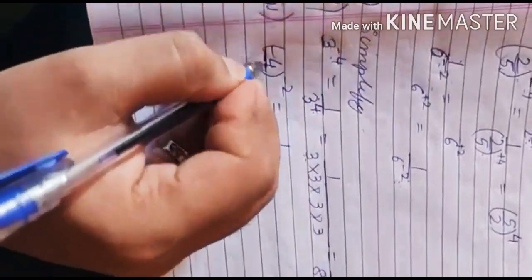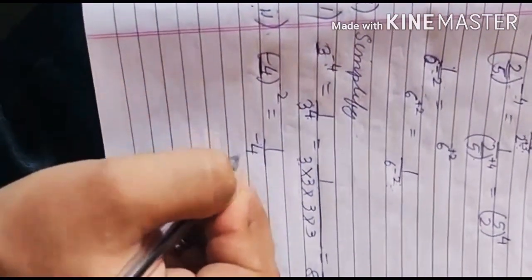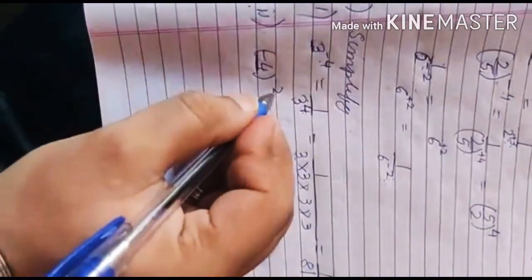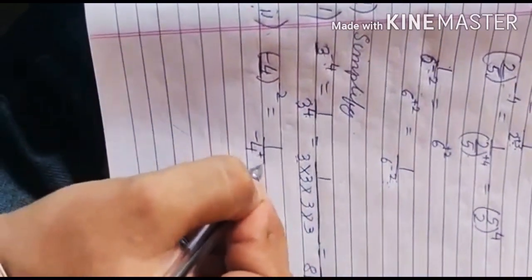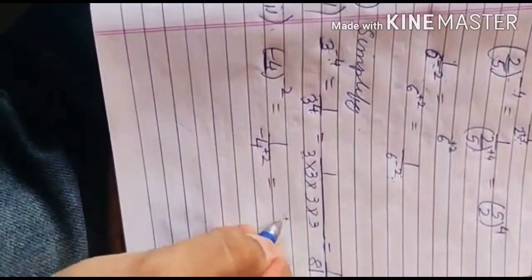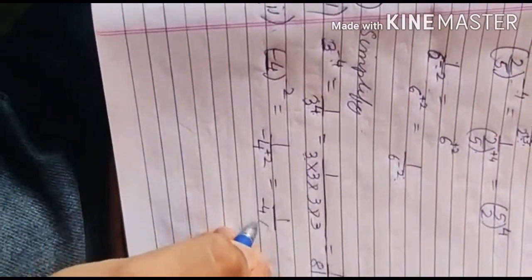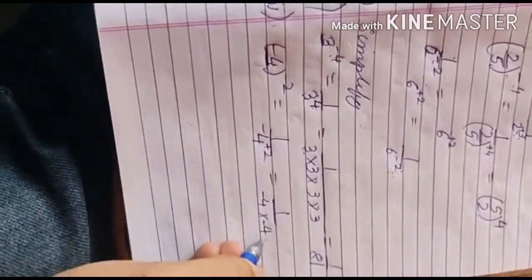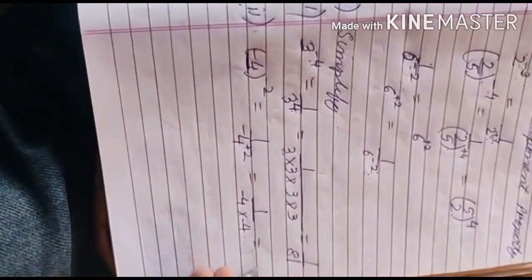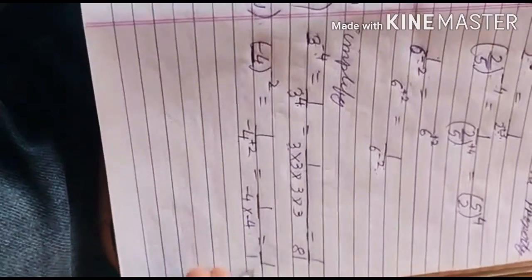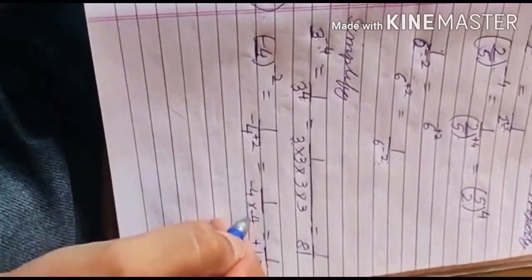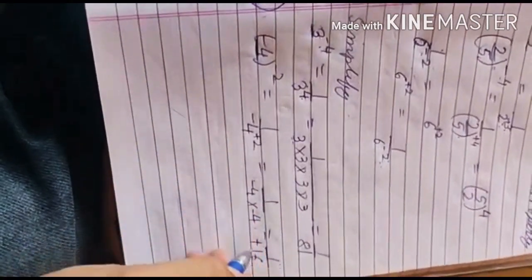Here the base is minus 4, we will take minus 4 to the denominator and change its power from minus 2 to plus 2. So now we can expand the number: minus 4 into minus 4. So we will get 1 upon 16. Minus and minus makes plus, 4 into 4 makes 16.